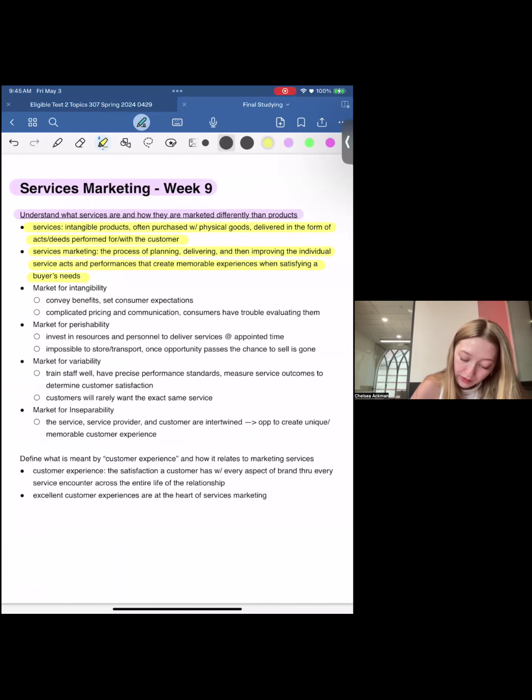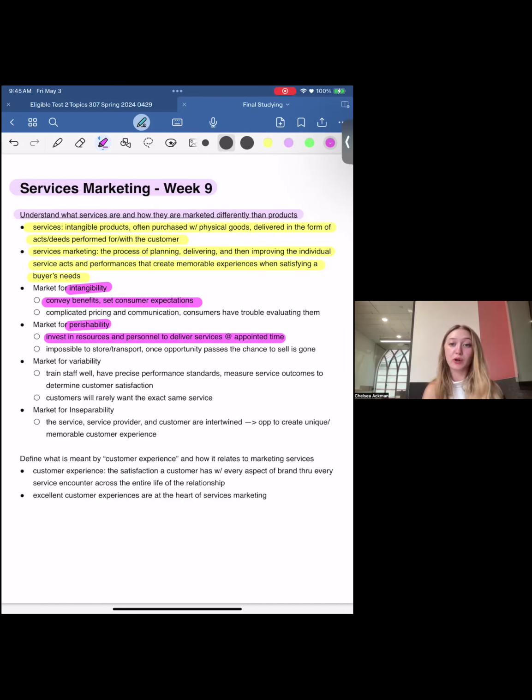To market for intangibility, you have to convey benefits and set consumer expectations. There's complicated pricing and communication, so consumers have trouble evaluating services. Market for perishability: you have to invest in resources and personnel to deliver services at the appointed time.